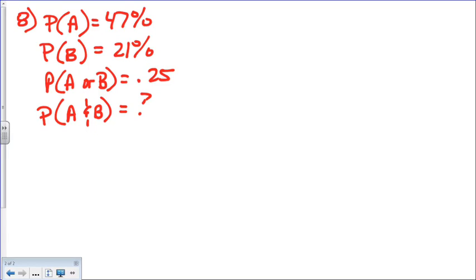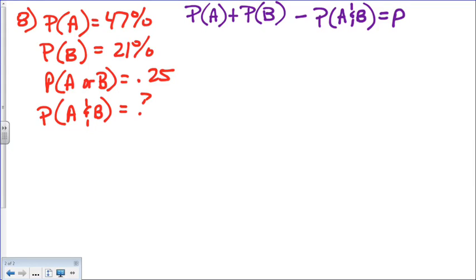Now, there is a formula, quote unquote, that we've learned when we're given just the data that we use to figure this out. So, the probability of event A plus the probability of event B, minus, as I like to call it, the overlap, which is the probability of event A and B both happening, equals the probability of event A or B. Because as we talked about, the word "or" in probability means to add.